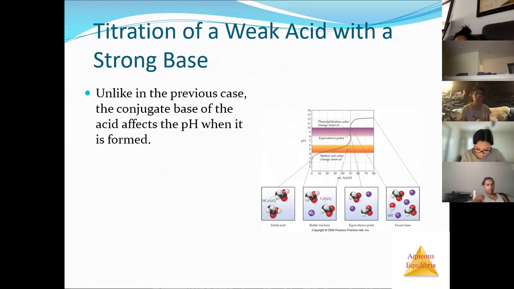Second curve. I've got a weak acid with a strong base. I'm starting with the weak acid, and I'm titrating it with a strong base. What am I adding to what? You're adding, it's a strong base.